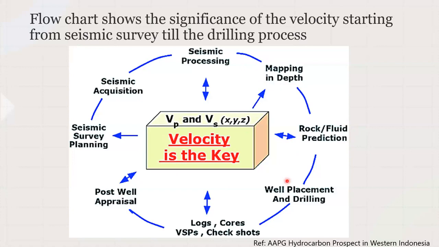Then rock fluid prediction, like well placement and drilling, that's what I was mentioning right now. And also the logs, cores, VSP, and check shot will help the post-well appraisals and the seismic survey planning, because based on the subsurface velocity, you can define the seismic survey as well, which is about the acquisition. So the velocity is actually the key for everything.